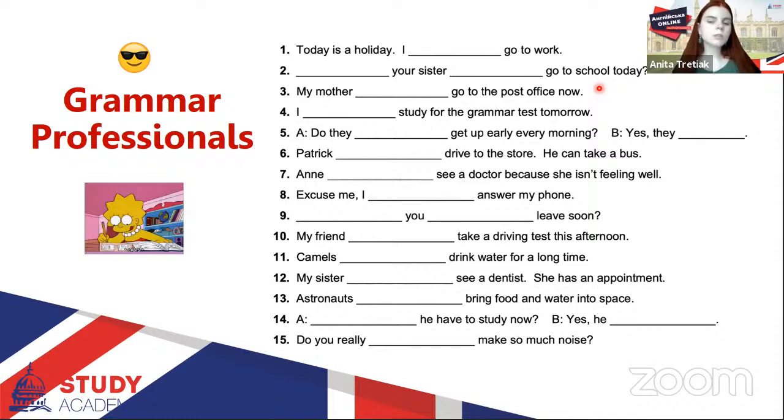Okay, camels don't have to drink water for a long time because first of all, camels, it's plural. And then camels, these are the animals which live in the deserts, and they have like 2 humps, so they don't have to drink water for a long time, so they can survive without this even.